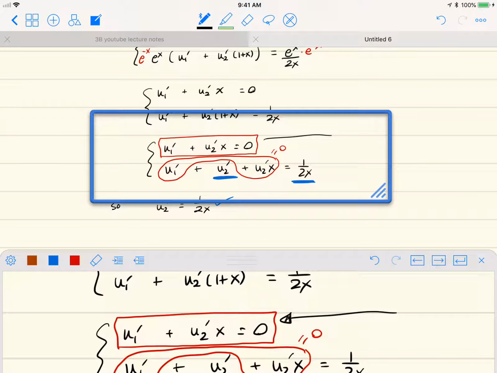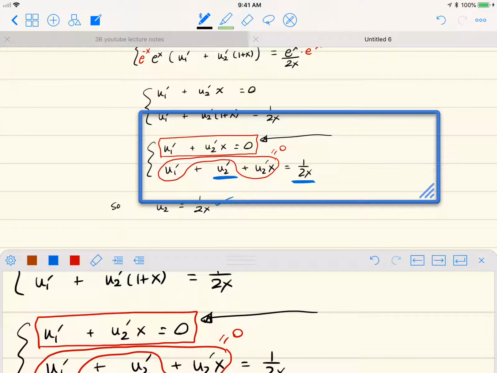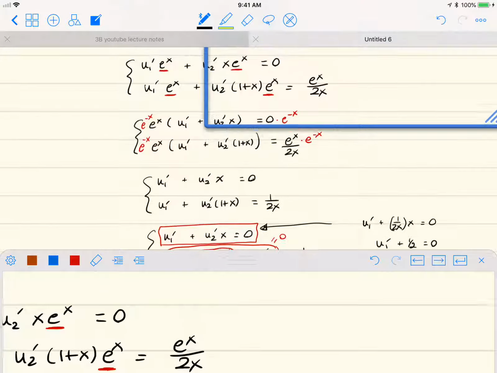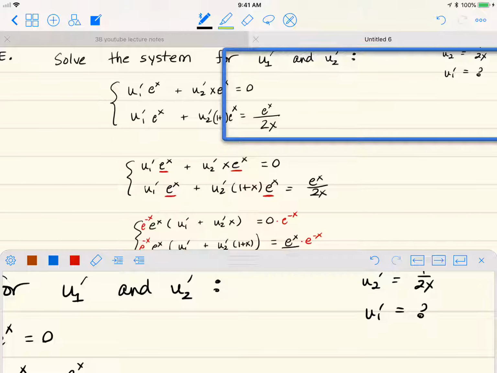If u2 prime is equal to 1 over 2x, I can substitute 1 over 2x for u2 prime, multiply that by x, and I get something equal to 0. So now u1 prime plus 1/2 is equal to 0. So u1 prime is equal to negative 1/2. So I have now solved for u1 prime. It is negative 1/2.